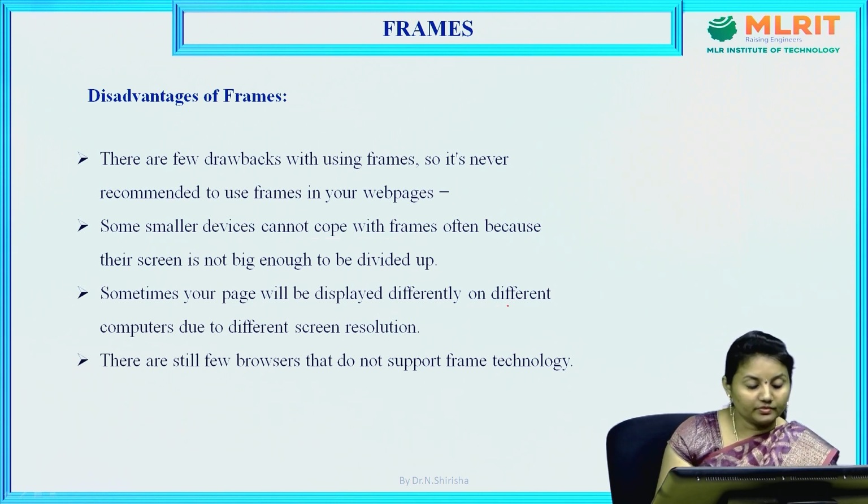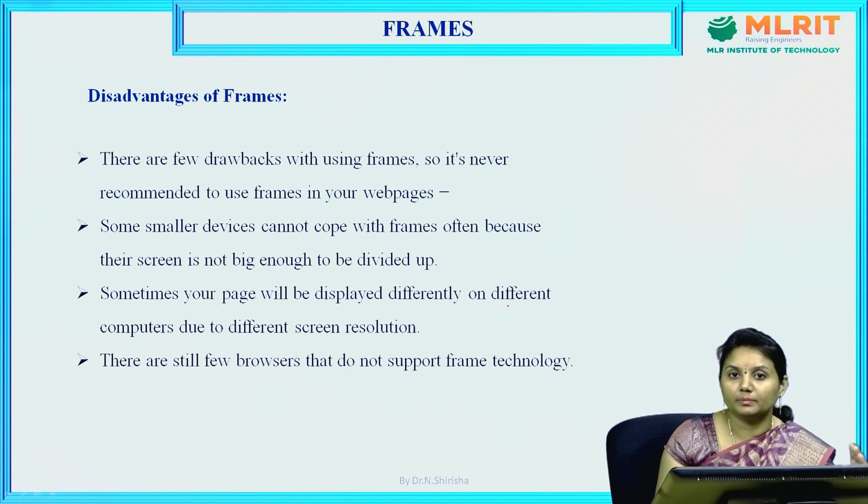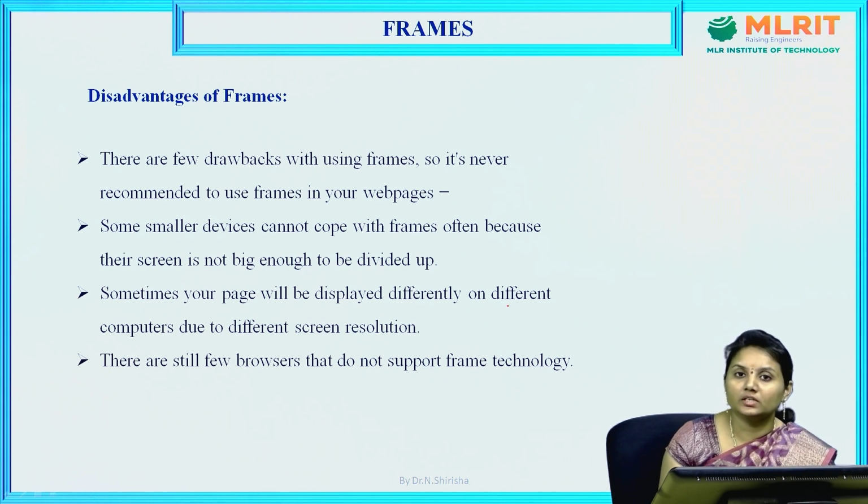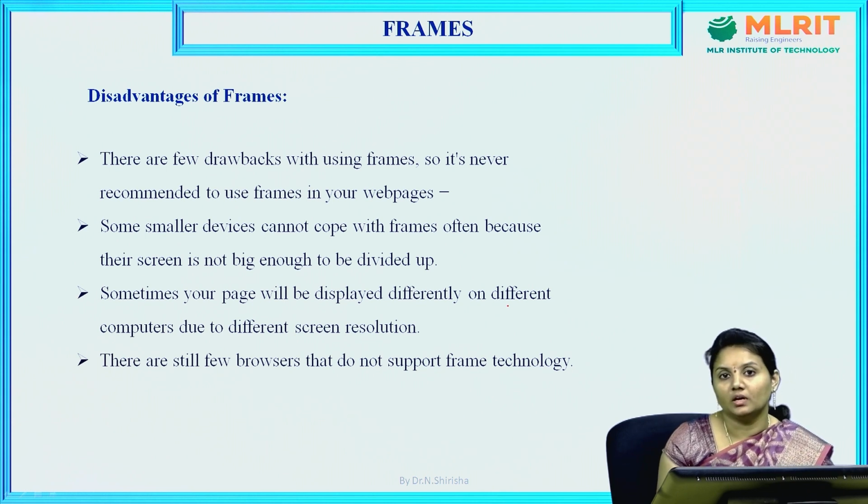So frames are good when you want to divide a complete page into multiple frames or multiple pages when there is a smaller text content. When you have larger text, then you can just use hyperlinks and give navigation to other pages so that you can use the entire page for your content display. If you want to divide into multiple frames and give larger text, then you need to scroll.